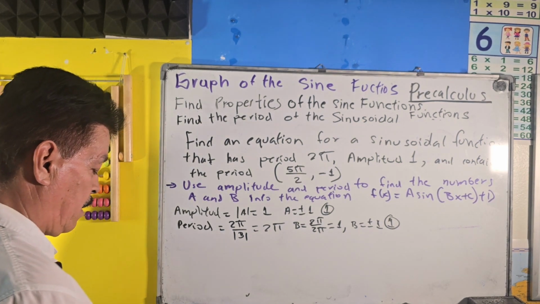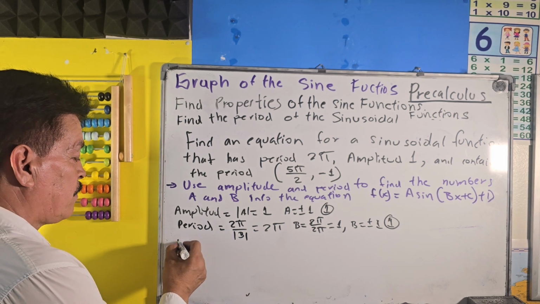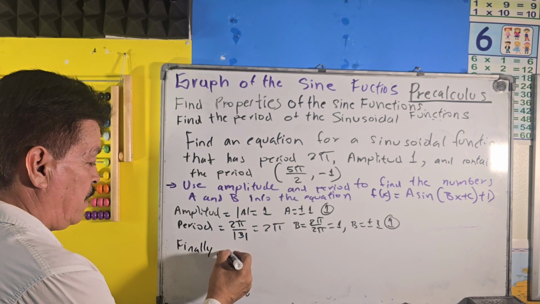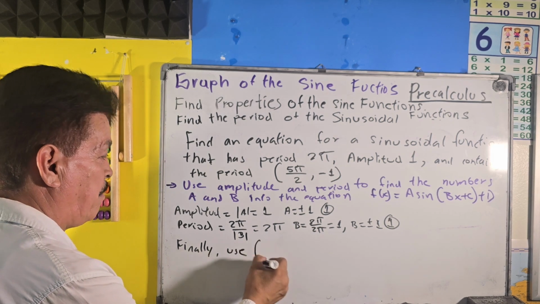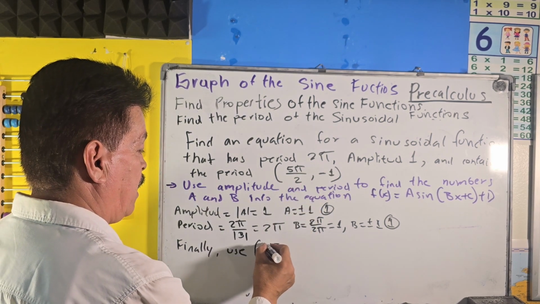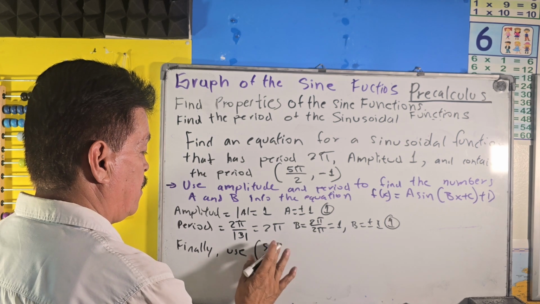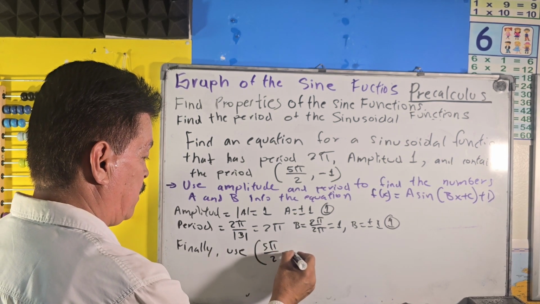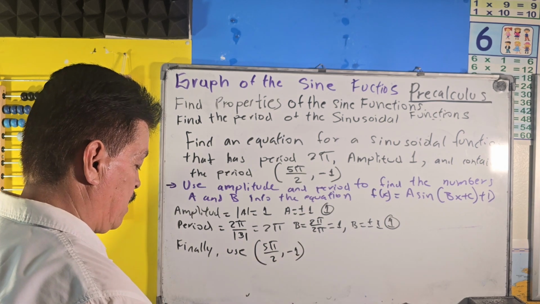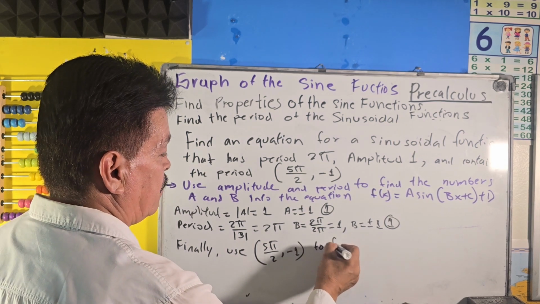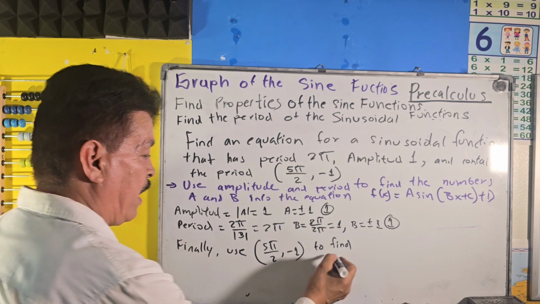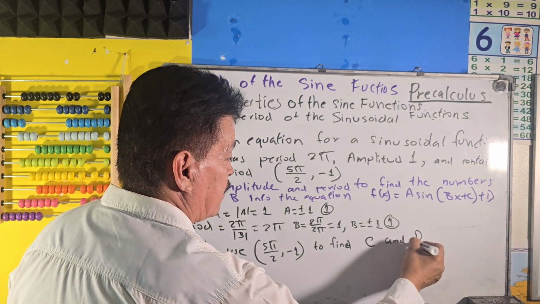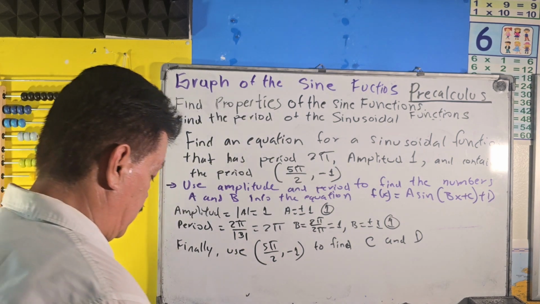Finally, use the point. We have this point 5 pi divided by 2, comma, negative 1. It's negative 1, right? We need to find c and d. All right, this is the next step.